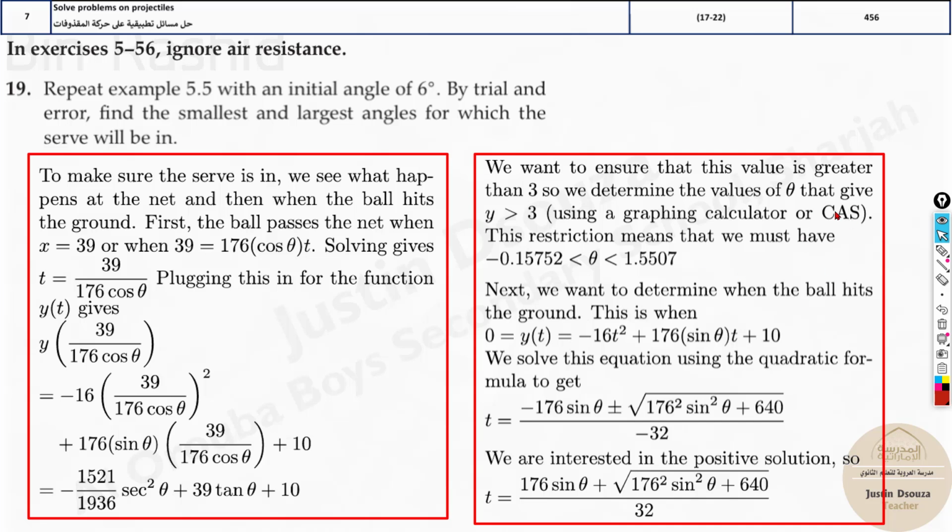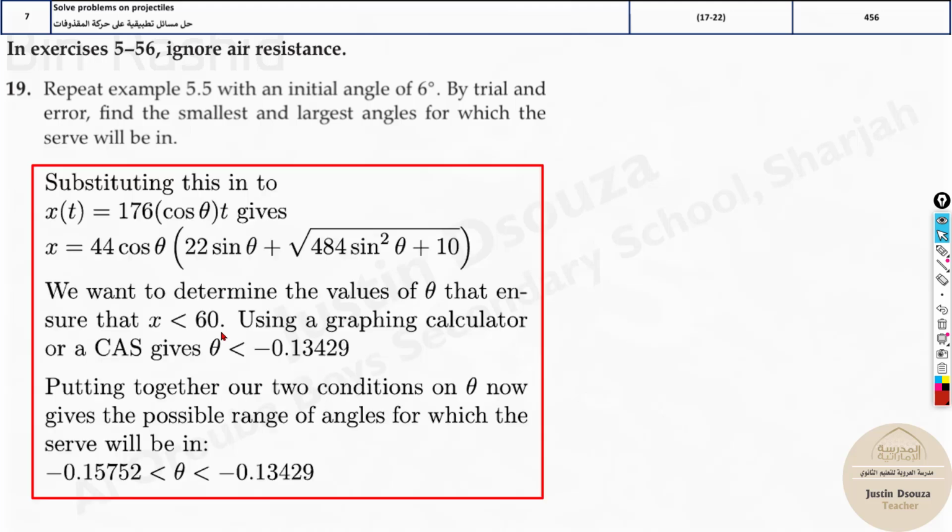For this you need a graphing calculator, because it's not possible otherwise, and such problems won't come since you have MCQs, right? You'll be asked to find for this angle or that angle, so not to worry about this. Over here they are just finding the range of degrees that will be allowed, using a graphing calculator and computer algorithms.